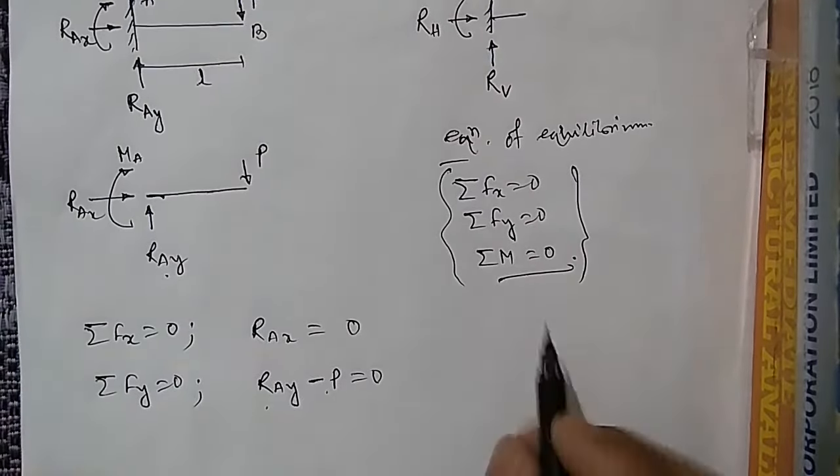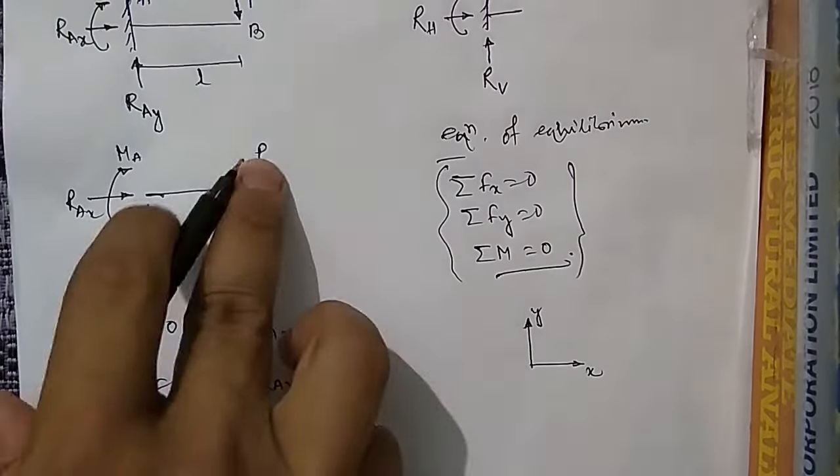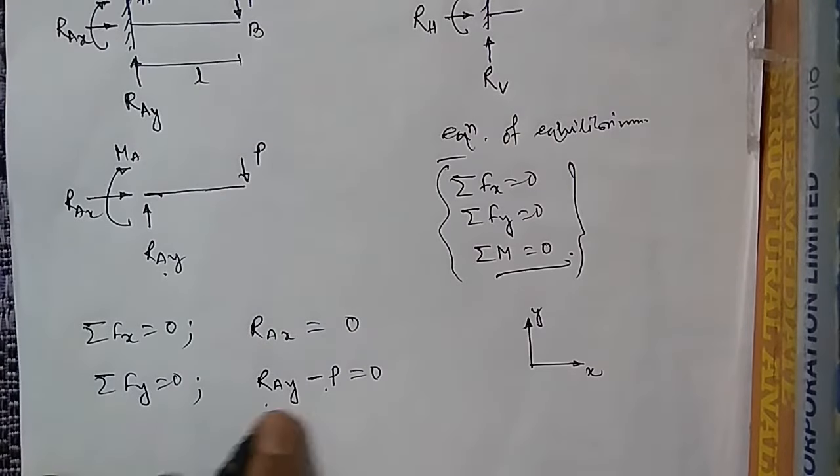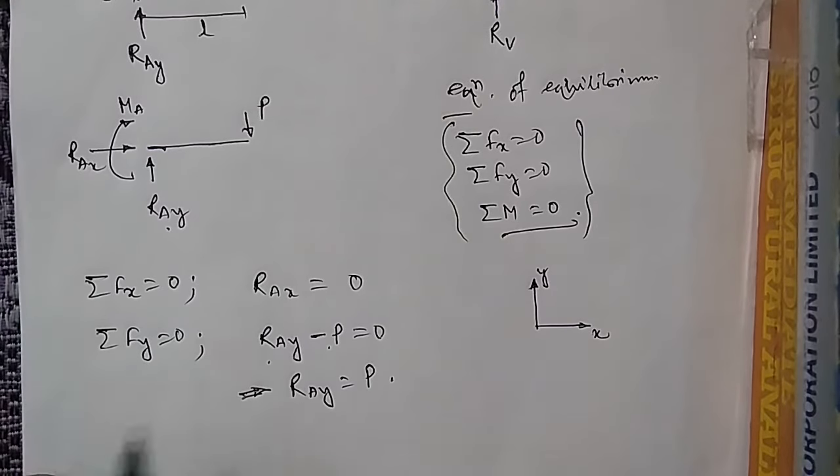We assume the positive x direction is positive force, and the positive y direction is positive force. So RAY is in the positive y direction, so RAY plus, and P is in the negative y direction, so minus P. RAY minus P equals 0 implies that RAY equals P.